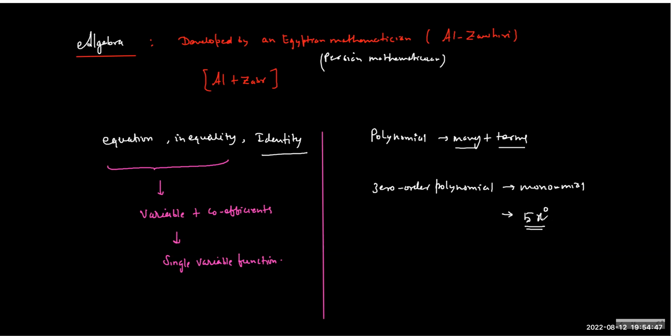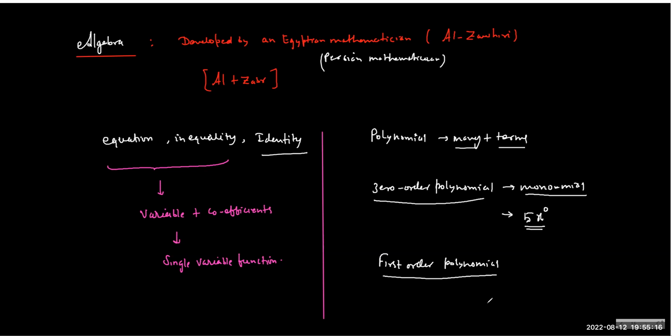So every constant is a monomial, a single term, and this is called a zero order polynomial, when you use the variable to the power 0 itself. Okay, so what is the first order polynomial?